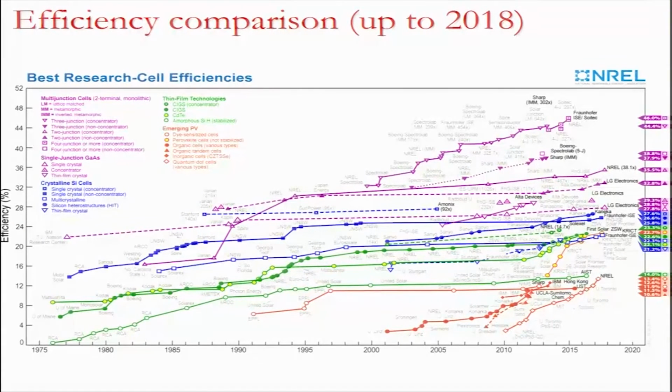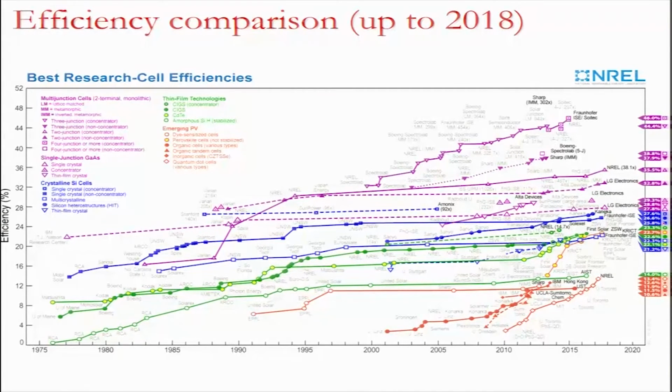And this is a famous efficiency plot from NREL, which publishes this in the public domain, and this diagram is referred to by most of the researchers in the world. You can see that the crystalline silicon is in the blue lines, and the non-concentrated silicon technology is about 25.8% as of 2000.